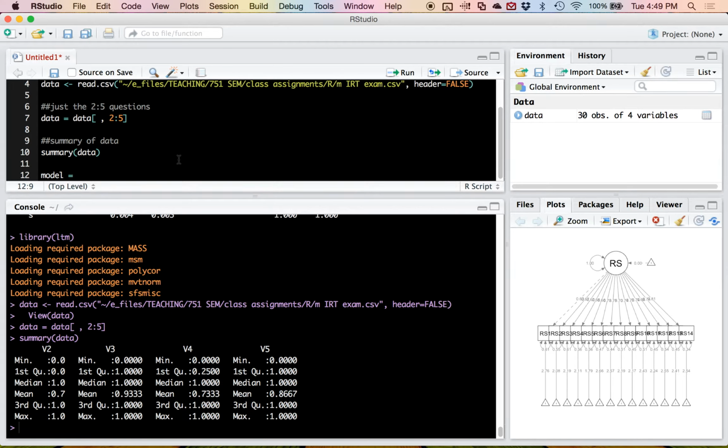Now my brief comment on that is that item factor analysis and item response theory will be transformable. You can get from one to the other in a 2PL sense. If you want to include a guessing parameter, you're going straight item response theory.